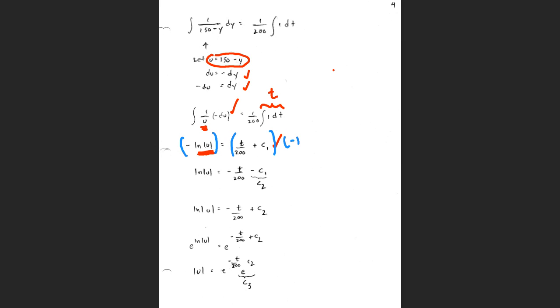So I'm going to multiply by -1 on both sides of the equation, and that's going to give me the log of the absolute value of u equals negative t over 200 minus c1. But minus c1 I'll call just plus c2. And then here we are again. We want to find out what the absolute value of u equals, so I'm going to exponentiate both sides of the equation.